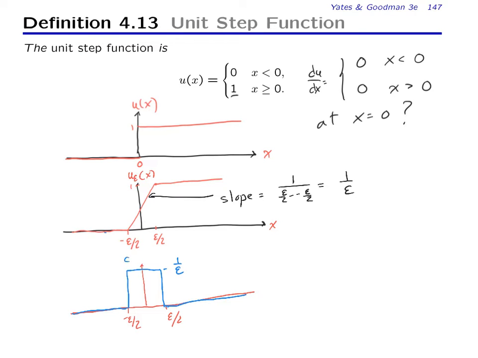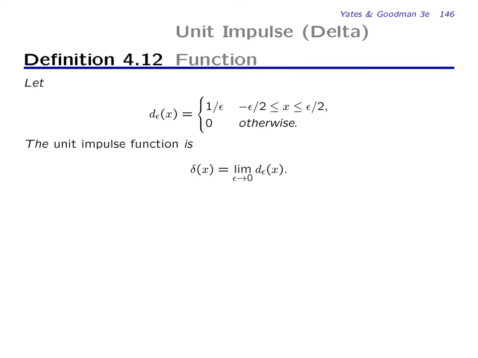And we'll call this function d epsilon of x, right? d epsilon of x is equal to the derivative of this approximation to the unit step. Now that we have this function d epsilon of x, which is the derivative of our approximation to the unit step, we now take the limit of this as epsilon goes to 0, and we define this as delta of x, right?